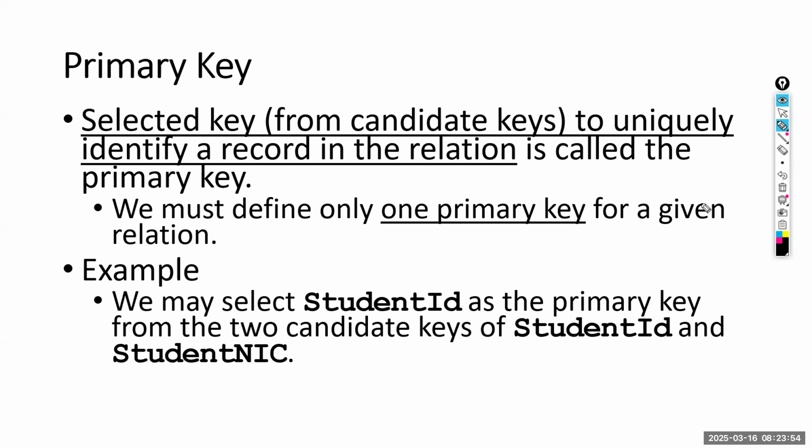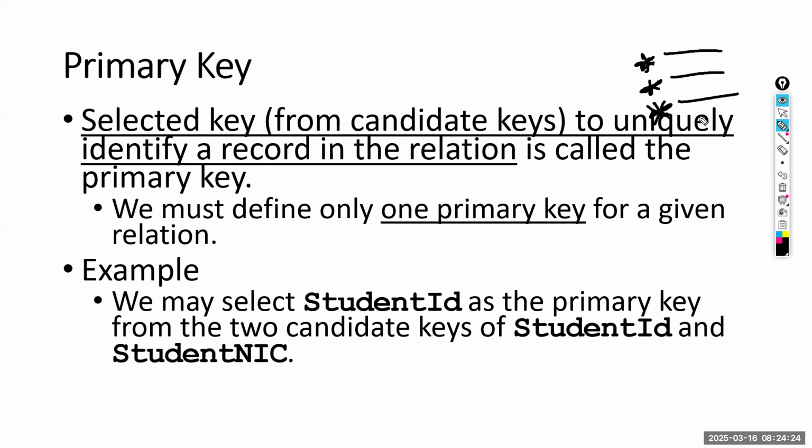So how do you decide which one of the candidate keys you are going to select as a primary key? Can you think of three good features of a primary key? Maybe you have learned these things, or maybe you can use your common sense now.